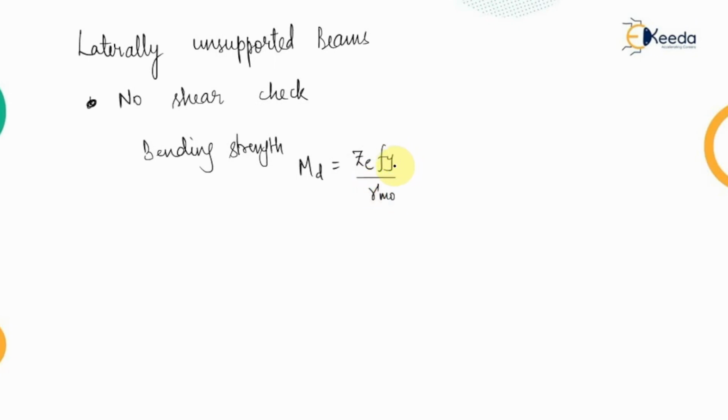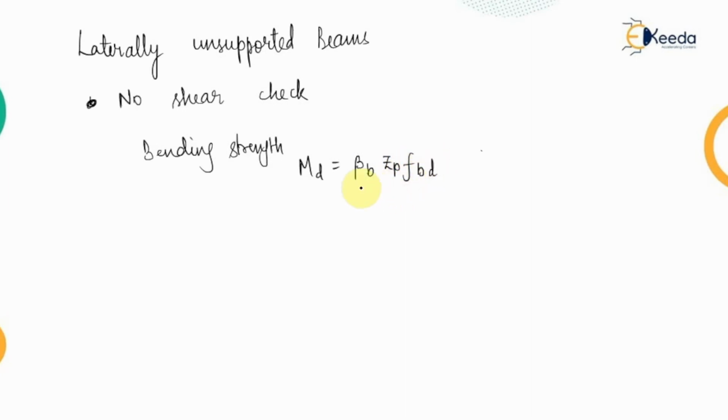Now in this case, this Fy that we usually take is replaced by a certain relation, and that is given by MD is equal to beta b into Ze. So this design bending strength for the laterally unsupported beams is calculated by the relation beta b into Zp into fbd.